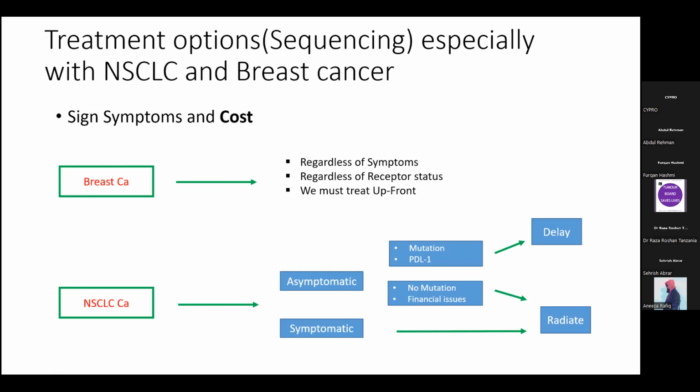It's just a positivity criteria. So we delay, and in case there is a financial issue associated with this, we offer radiation. And if the patient is symptomatic, regardless of receptor status, we radiate those patients.